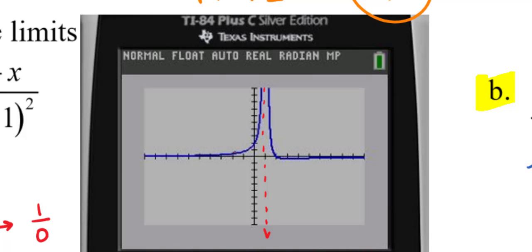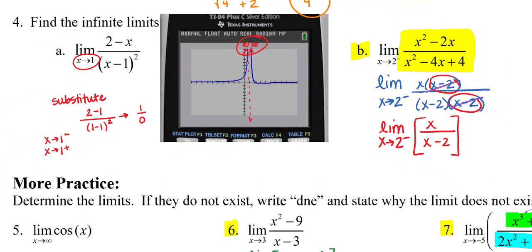Because as x is, for example, 0.999 and approaching 1 from the left, I'm going up to positive infinity. My graph is approaching high values, like positive infinity. And as x is approaching 1 from the right, I can see that it's also going up to positive infinity. Therefore, my two-sided limits are the same, so I can say this is approaching positive infinity.